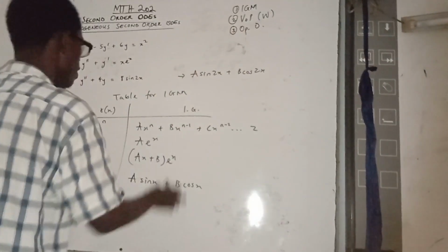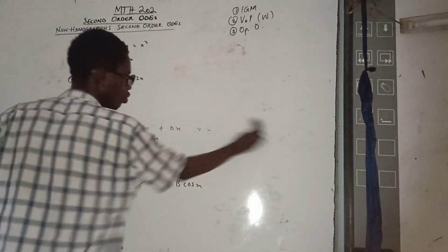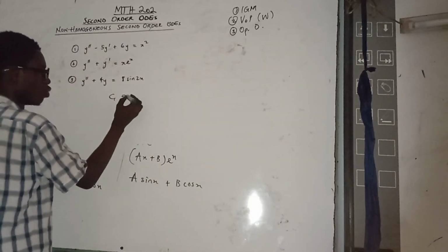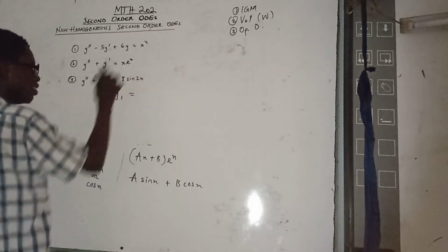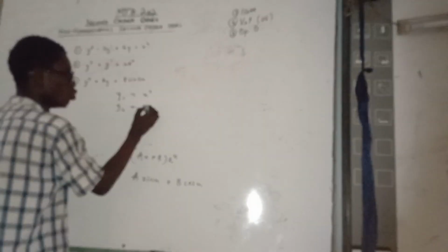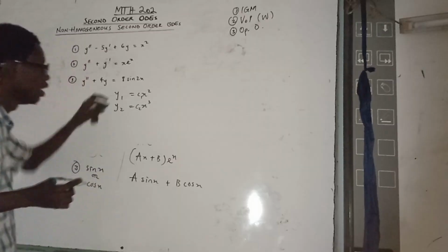So, for example, let's say initial guess method. For initial guess method, let's say we get two complementary solutions: y1 equals x squared, and y2 equals x cubed. Let's say this is the answer I get.